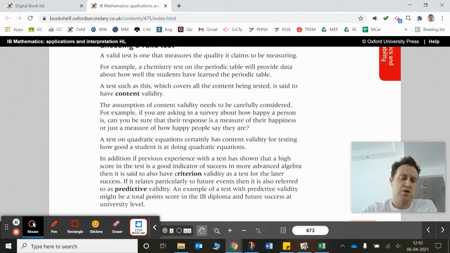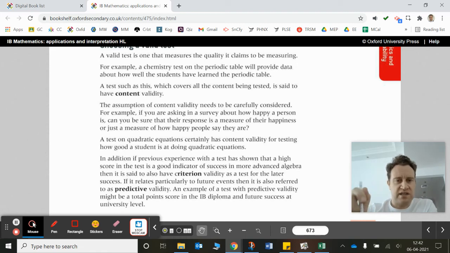Okay, so we can't possibly do a content validity test for your future success at university, but we can make a prediction based on some previous combination of tests, for example, or potentially your mathematics test is a good predictor of your physics test result. So that could have predictive validity as well there.